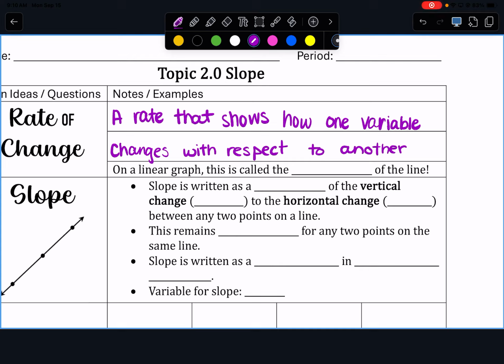Okay, it's over now. So on a linear graph, this is called the slope of a line. So slope is written as a ratio of the vertical change. The vertical change is referred to as rise.